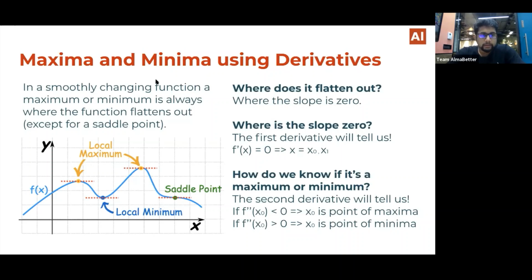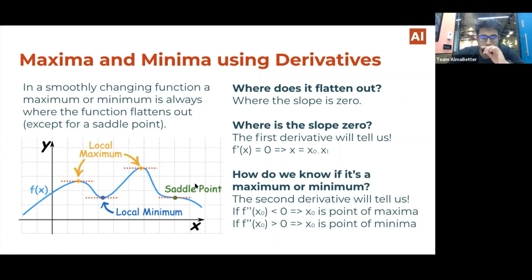So in this example, if this is the range or the domain of x, you can say that this is the local maximum, but this is the global maximum, because this is the maximum value that this function can take in this range, right?